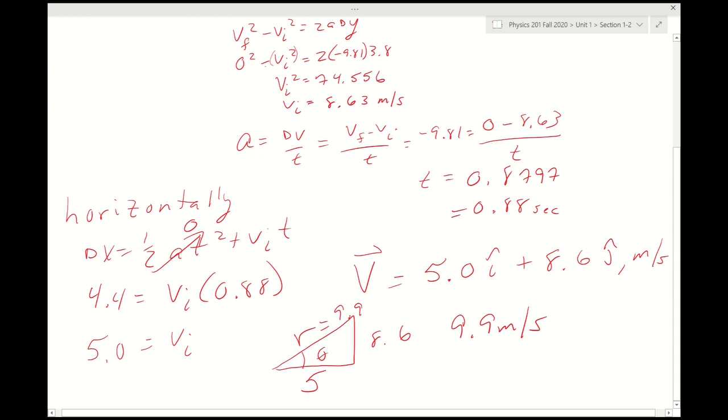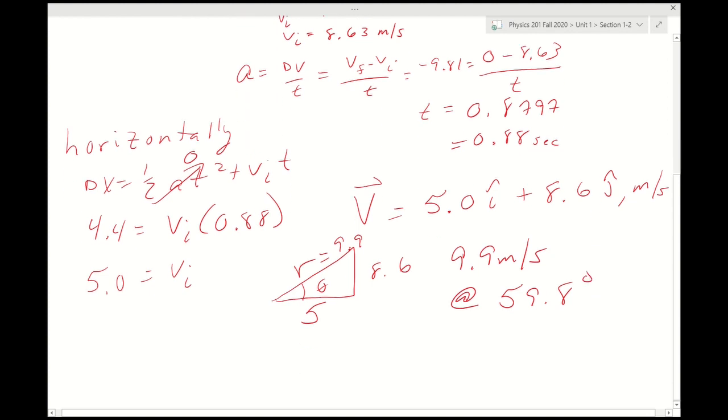And then I use tangent of 8.6 divided by 5 to get about a 59.8 degree angle. Really a 60-degree angle.